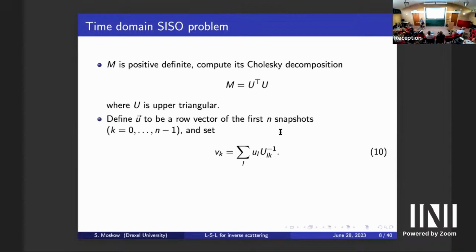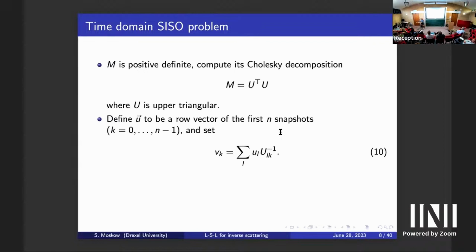So I have this mass matrix, it's some set of coefficients, and let U with a line on it be a row vector of the first n snapshots. I can think of each entry in this vector as the continuous time snapshot. Or if I want, I can make this a matrix where the columns correspond to a very fine discretization of each snapshot.